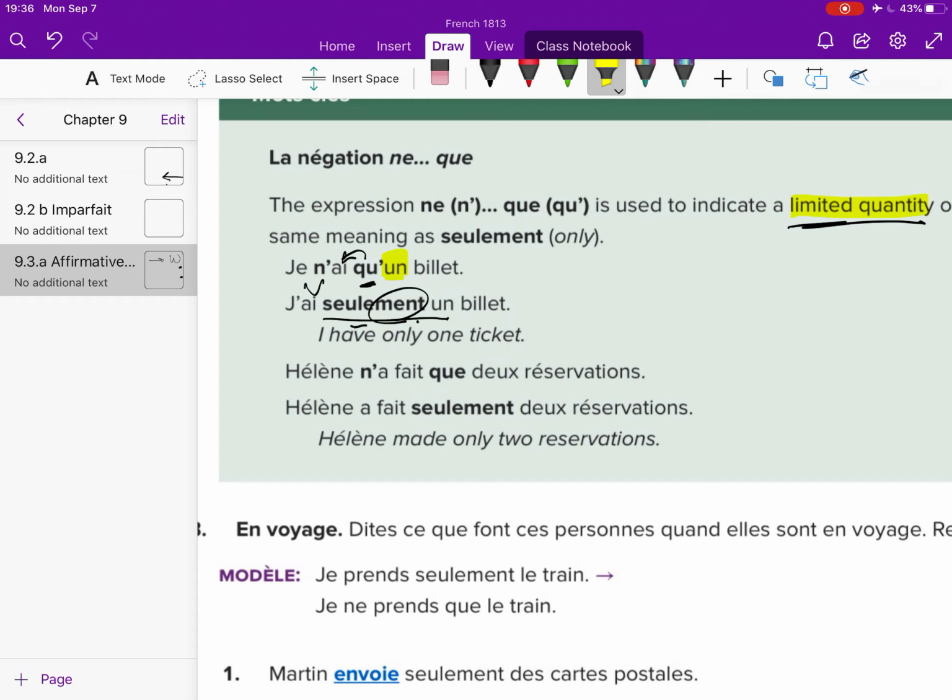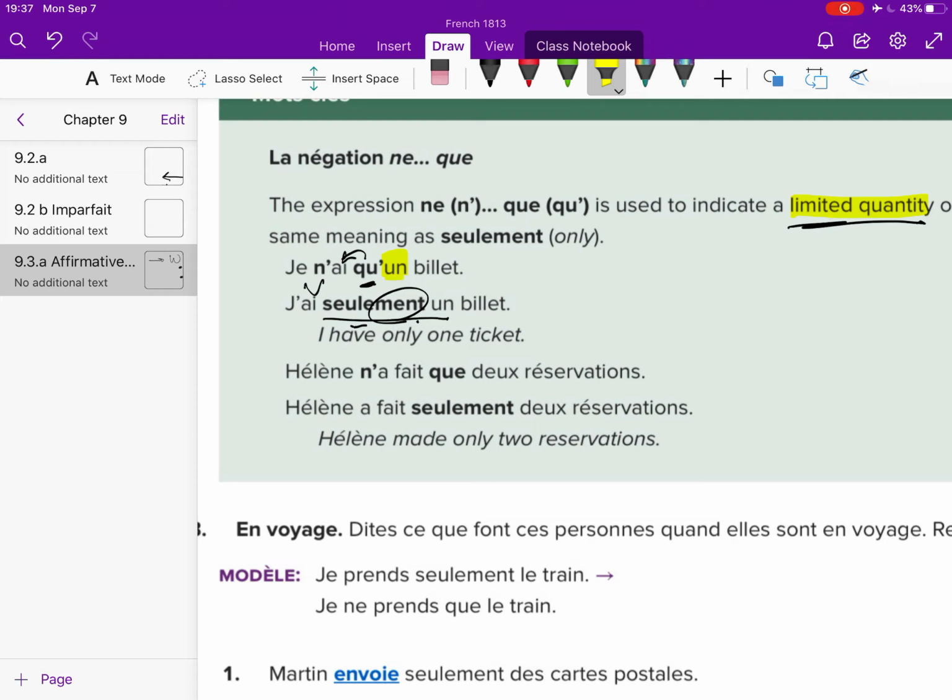It's limited, but it's still a quantity, and I want to emphasize the quantity itself because that's what I'm trying to limit. That's what I'm trying to express. I'm trying to express the fact that it is only a certain amount, but I don't want to completely get rid of the amount. Okay? So that's the first thing, is that with ne que, you can actually keep your un, une, des, du, de la, de l'apostrophe. The other thing is the placement of ne que.